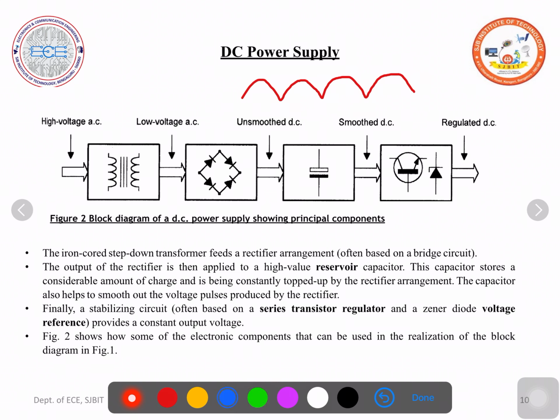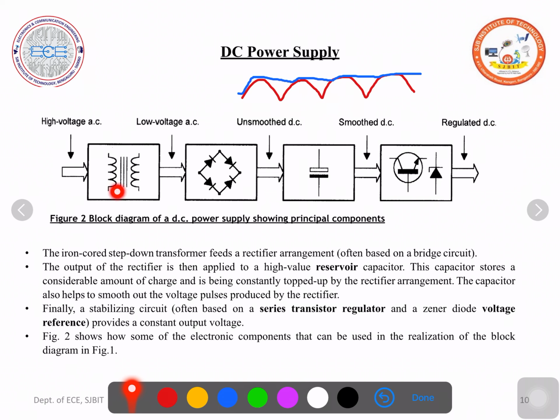So you will get the output voltage like this, almost DC. Then this is applied to a regulator circuit, whether it is a transistor regulator or Zener voltage regulator. You can use any one, no issue, or you can use a fixed IC voltage regulator, for example 7805, 7812. So you will get a regulated DC output.